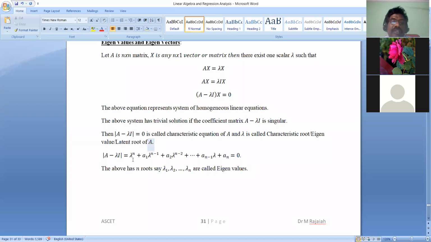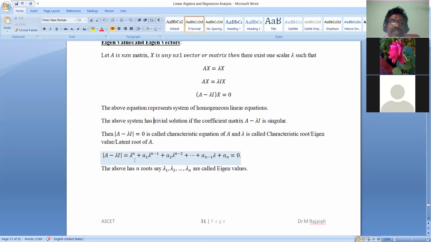If you expand determinant of A minus lambda I equal to 0, we get lambda power n plus a1 lambda power n minus 1 plus a2 lambda power n minus 2 plus and so on, plus a(n minus 1) lambda plus an equal to 0. That means that if A is an n by n matrix, we get an nth order polynomial equation in lambda.